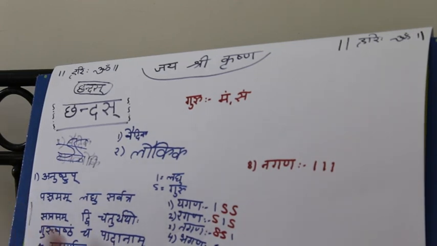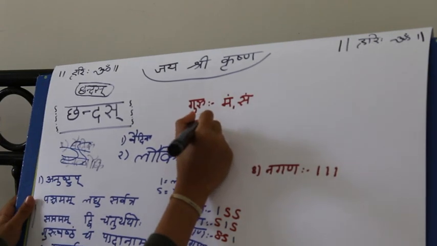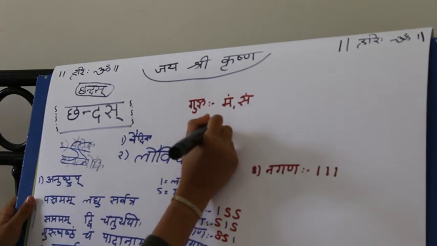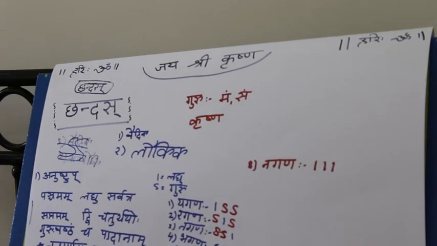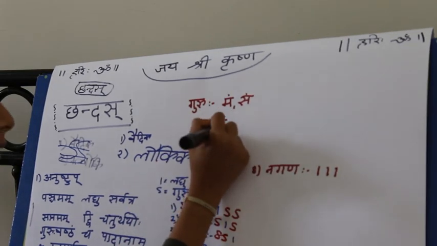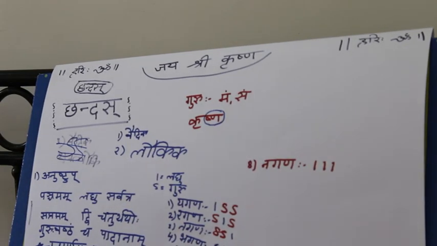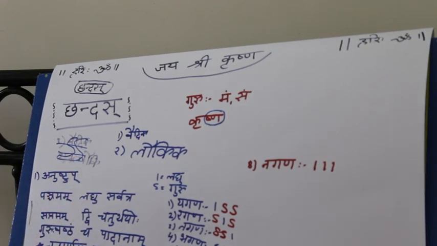The next thing is, for example, Krishna. In this Krishna, the Shna is called a Sanyuktakshara, made up of two other letters, Sh and N. When these two letters join, it becomes Shna.